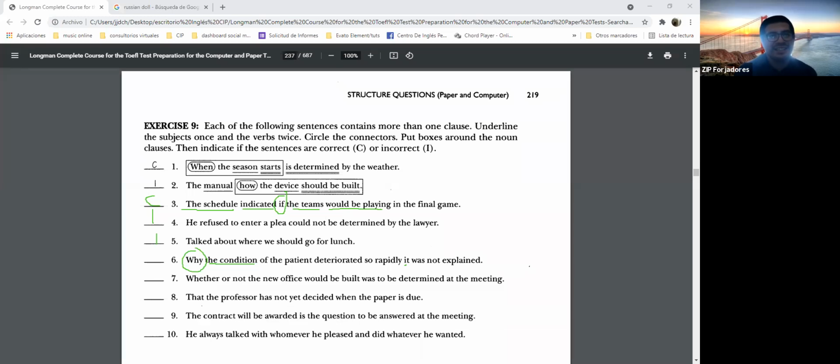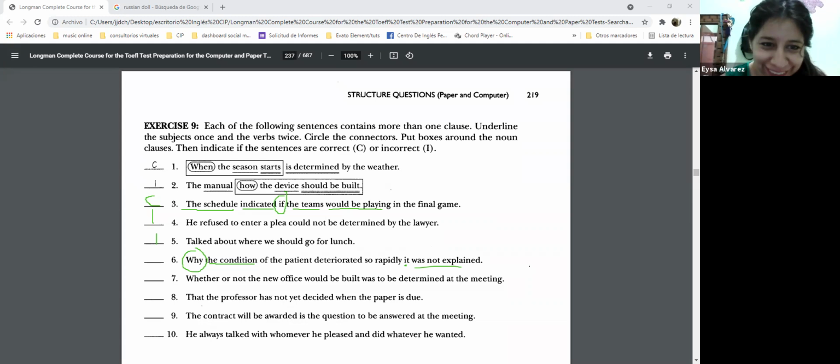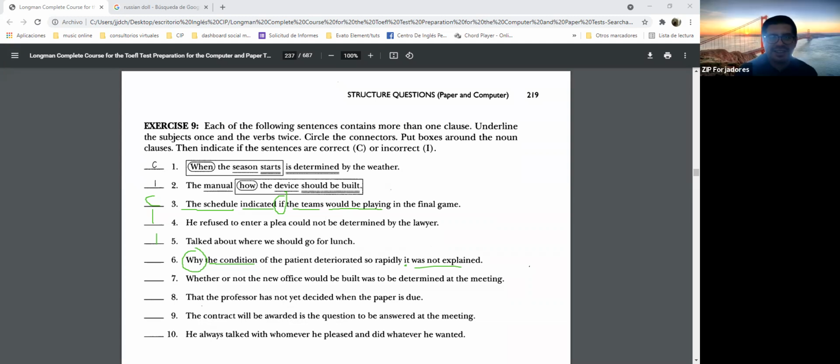In this case, the function of this "so" is an intensifier. It's an adverb that expresses intensification of the next adjective or adverb that you have, in this case, "rapidly." Tan, rápidamente. Okay, let me check. Is it correct or incorrect?